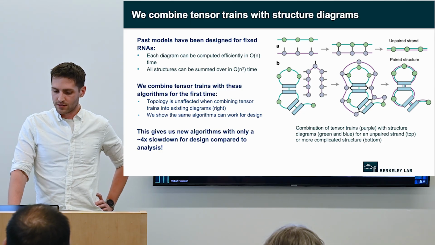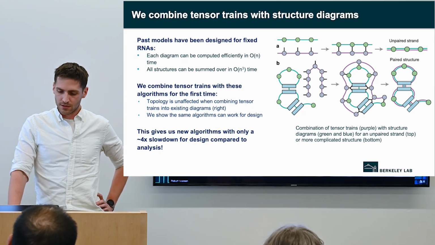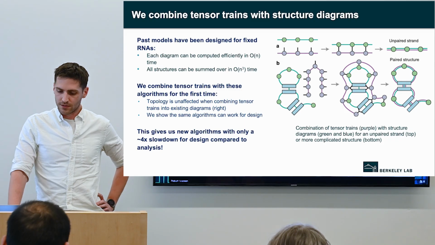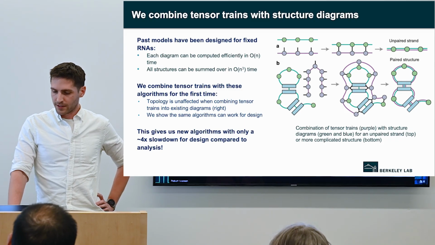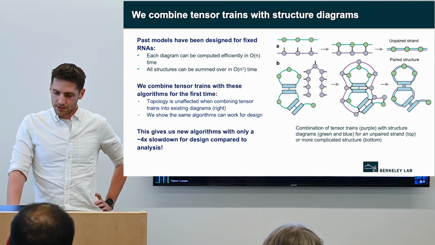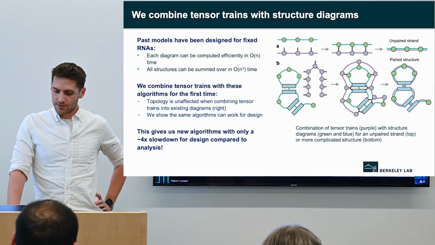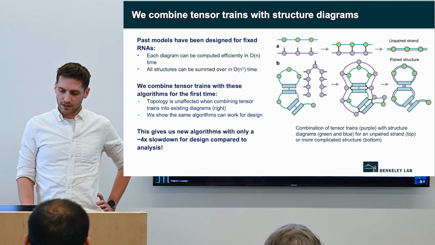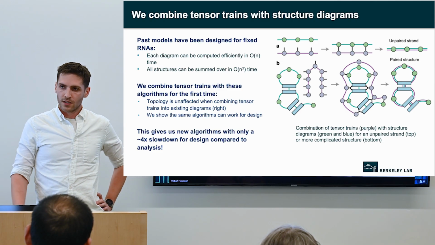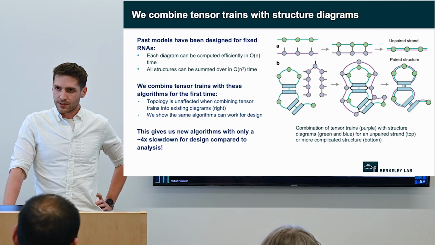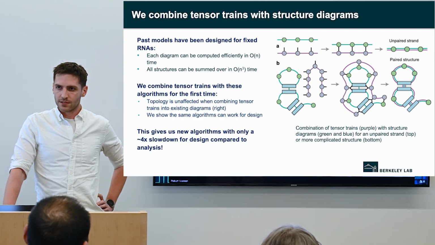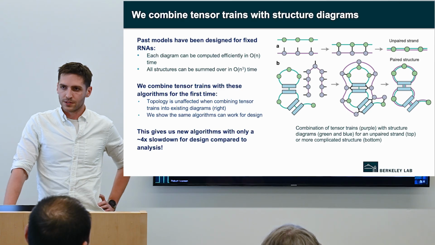Furthermore, we can sum over all secondary structures, which is an exponential number of structures, in order n cubed time. But what we do in this project is combine tensor trains with these secondary structure diagrams. So this is shown on the right, where we have a tensor train shown in purple and a secondary structure diagram shown in blue and green.